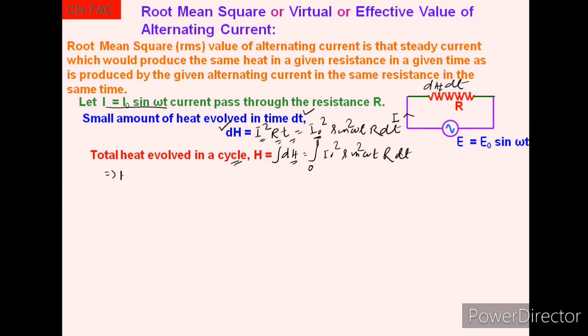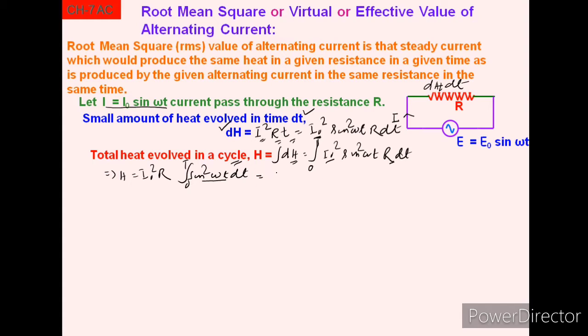This implies H = I naught square, which is constant, R is constant, so let's take these outside. Then what is left is the integration of sin square omega t dt. Now sin square theta can be written with the help of cos 2 theta.